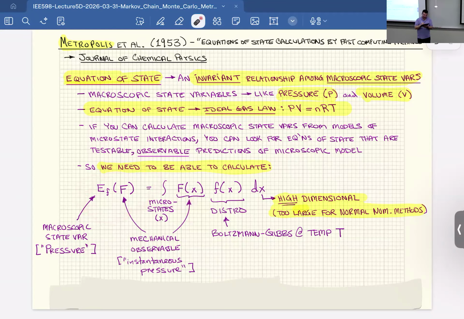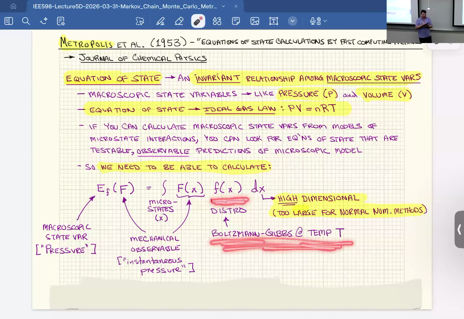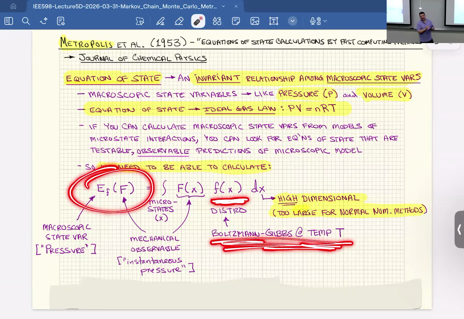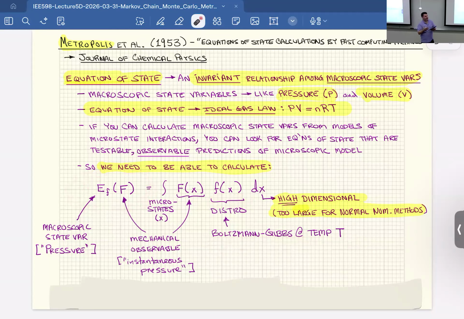If we have this instantaneous pressure, and the distribution of microstates, which we've learned at a constant temperature we assume is the Boltzmann distribution, then if we can solve this integral, integrating the instantaneous pressure along the Boltzmann distribution, we will have an estimate of the macroscopic state variable that we feel. So this was the problem that they were trying to solve.